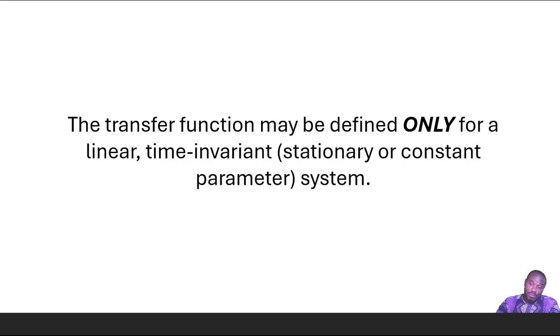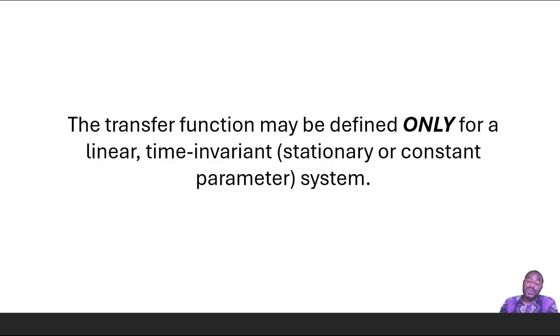And we did some examples to demonstrate how you recognize systems that are linear and time invariant. Time invariant means that their parameters are constant. They are not changing with time. The parameters they are dealing with are stationary. So transfer functions are possible only with linear time invariant systems.